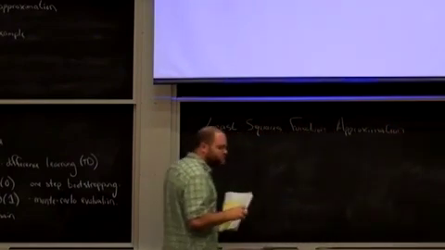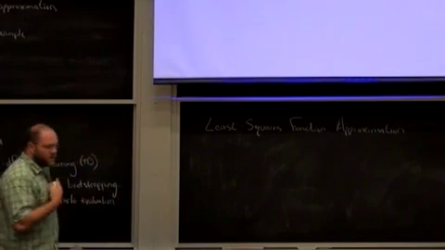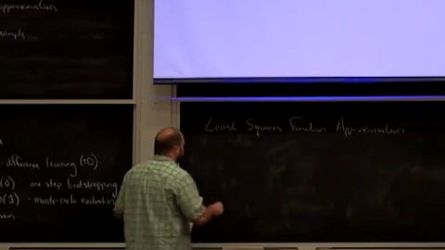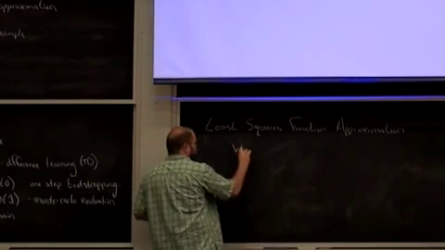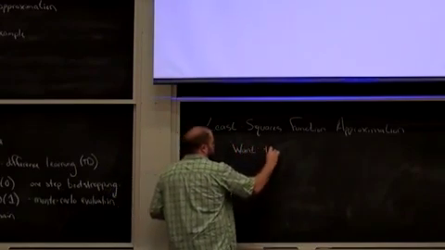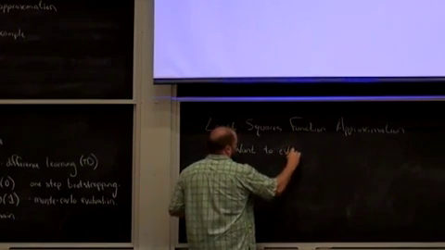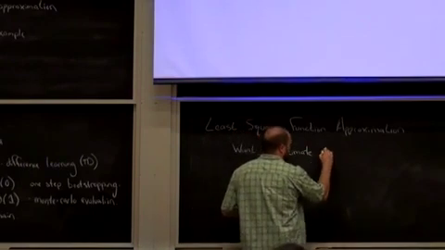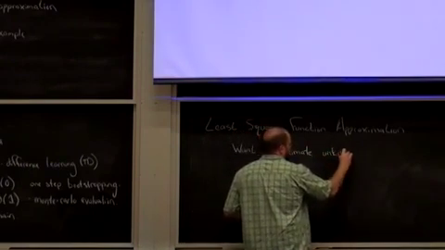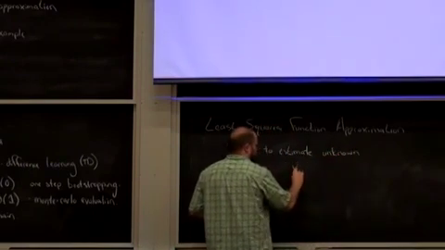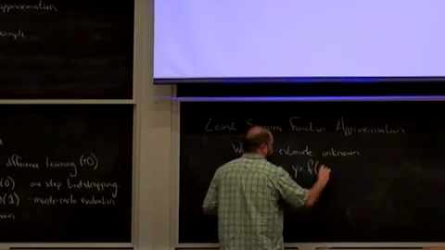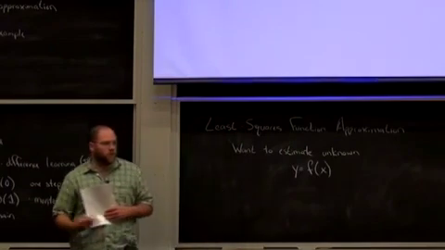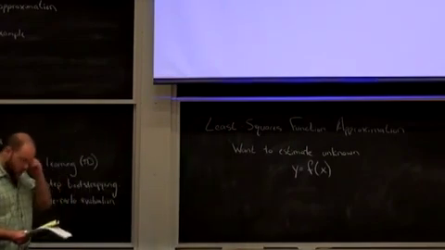The canonical example, which is the same thing that John showed you in class, is we want to estimate some unknown function that takes input x and spits out output y, right?